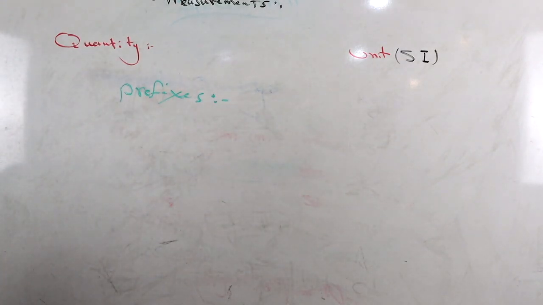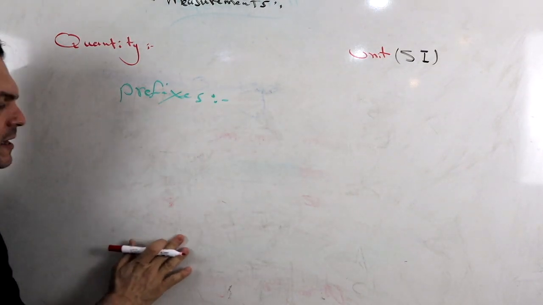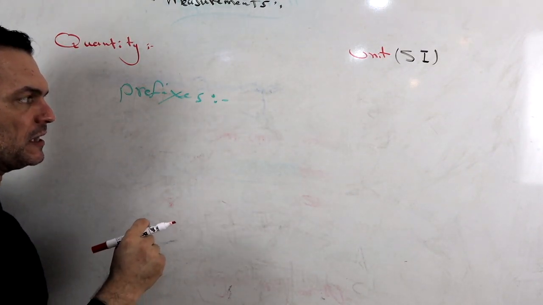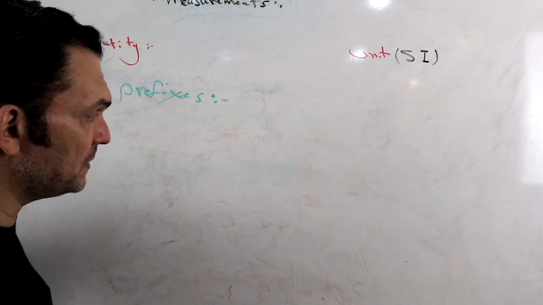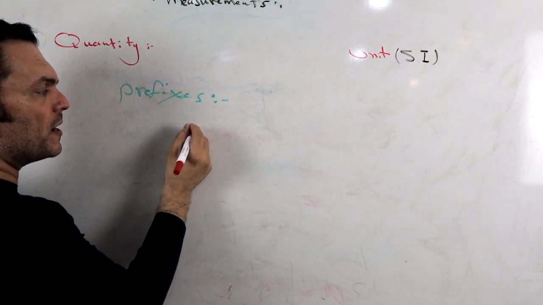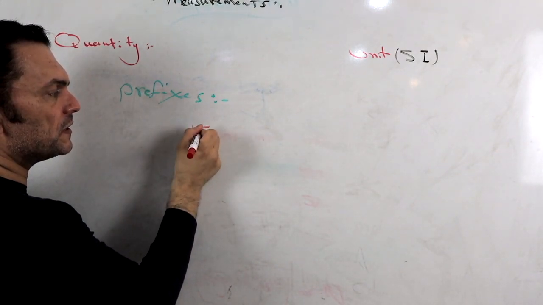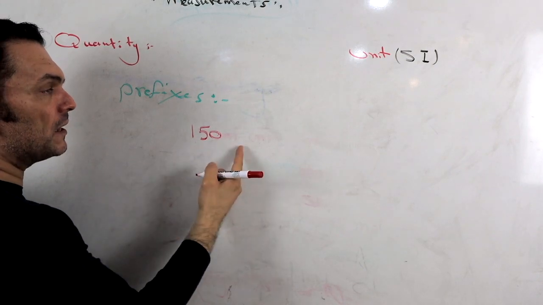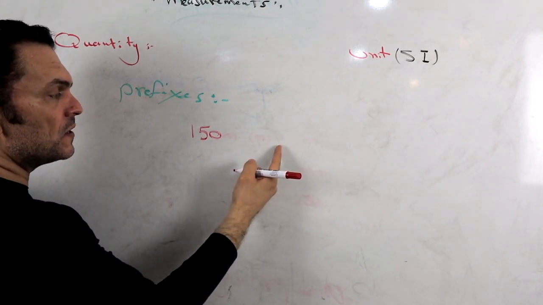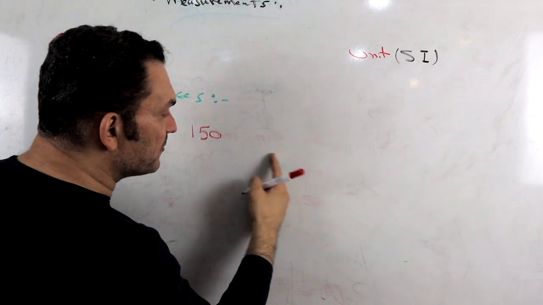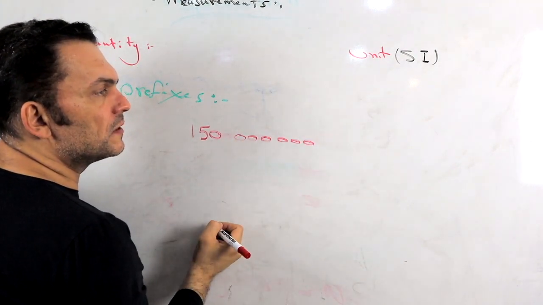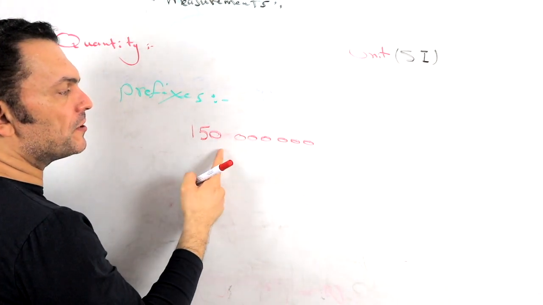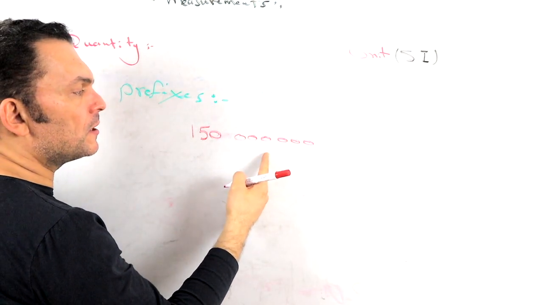For example, in my studies, I study the distance between the Earth and the Sun. We study that in science, and they said it's 150 million kilometers. So if I write that in zeros, million here means 6 zeros: 1, 2, 3, 4, 5, 6. So it's 150 million kilometers.